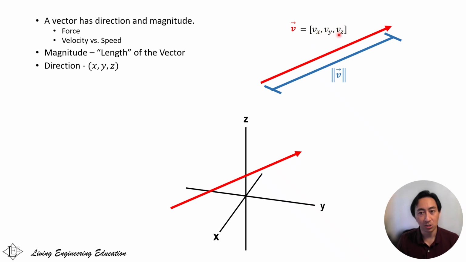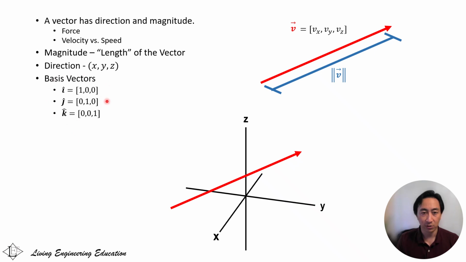Now, each of these terms is just a number. Combined together, it makes a vector, because combined together, it gives it a reference to each other, giving it direction. We can also write this vector in terms of basis vectors.